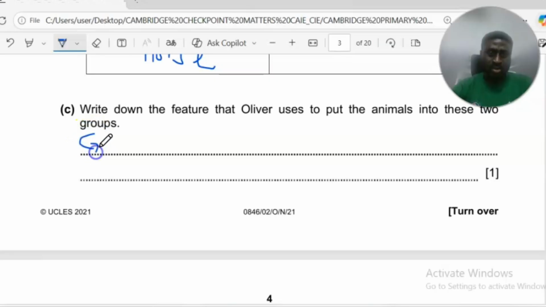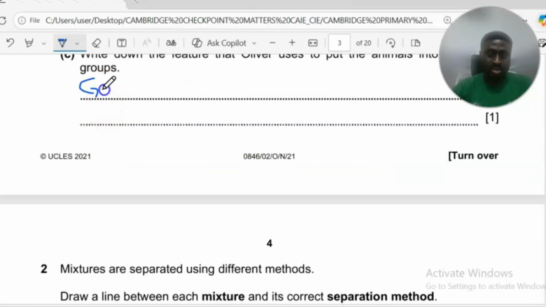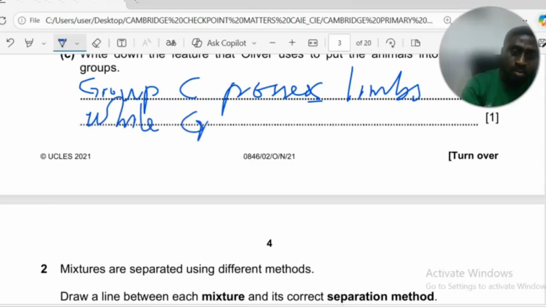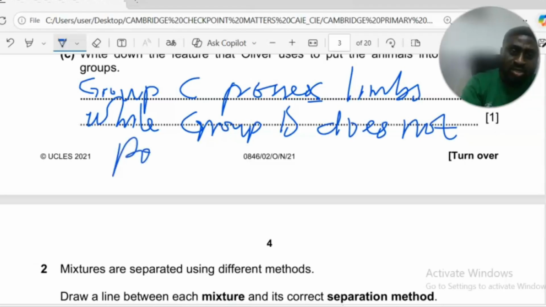The idea that group C possess or have limbs, while group D does not possess limbs, or you can say they are limbless, does not possess limbs.